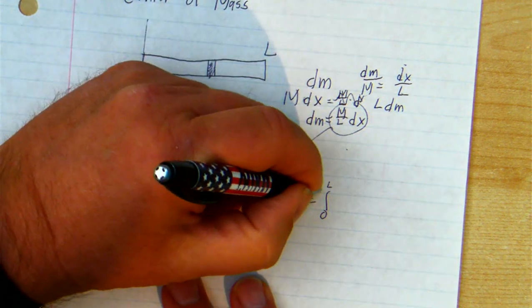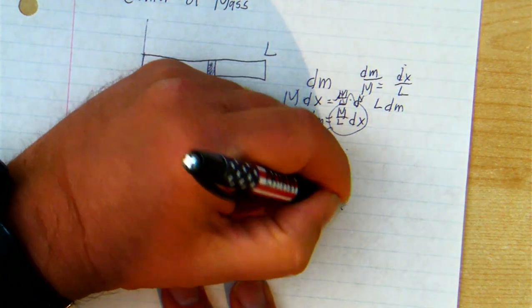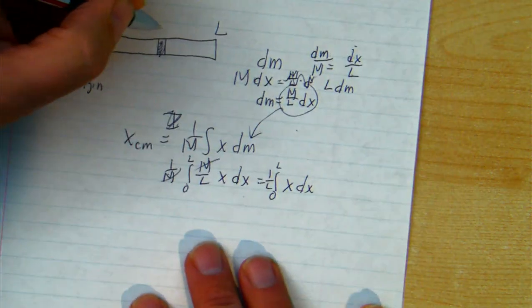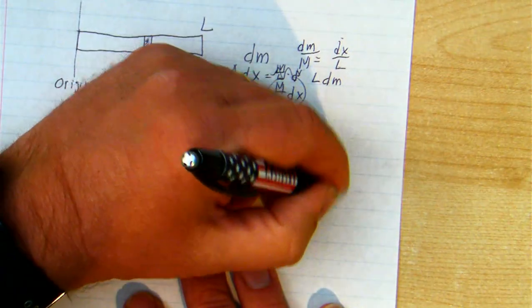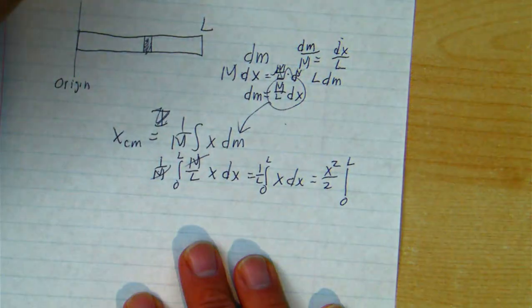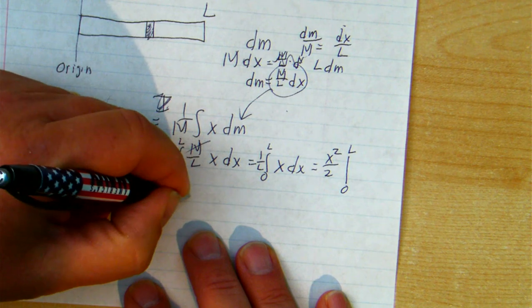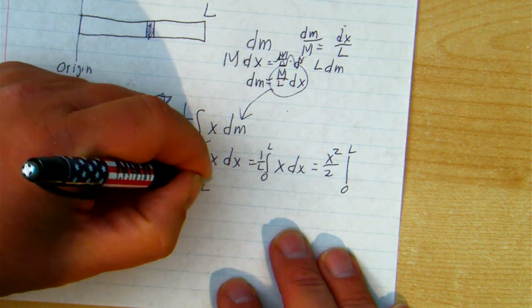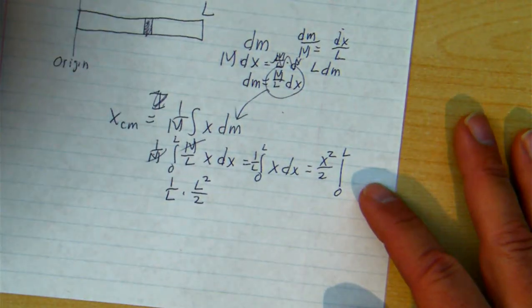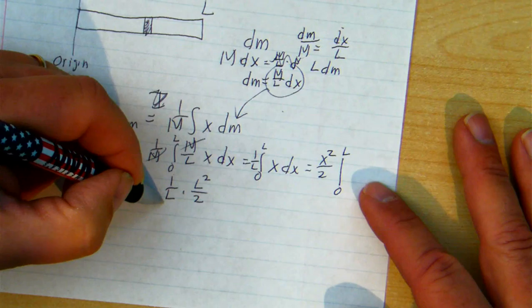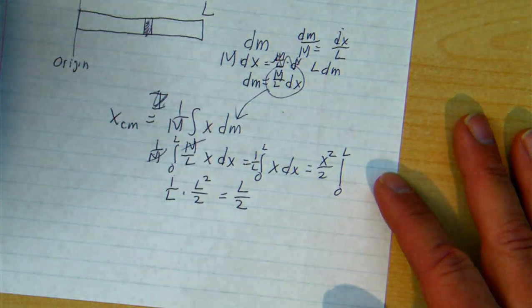The 1 over L comes out because it's a constant, and you're doing the integral of x dx, which is x squared over 2, evaluated from 0 to L. So this is 1 over L times L squared over 2 minus 0.